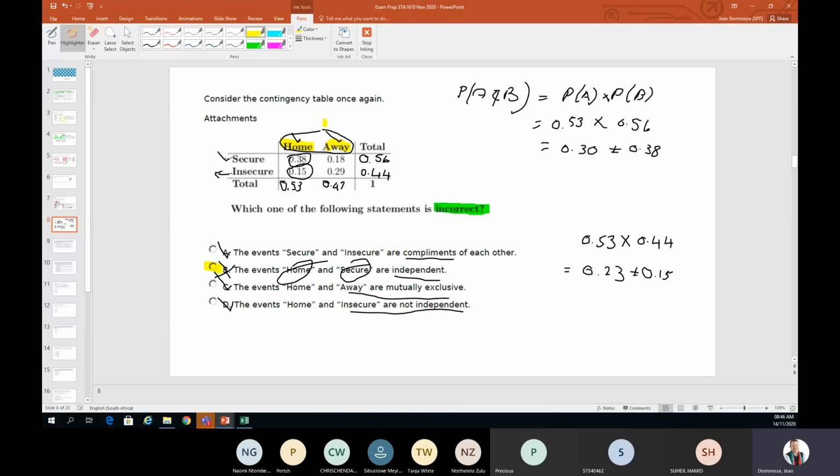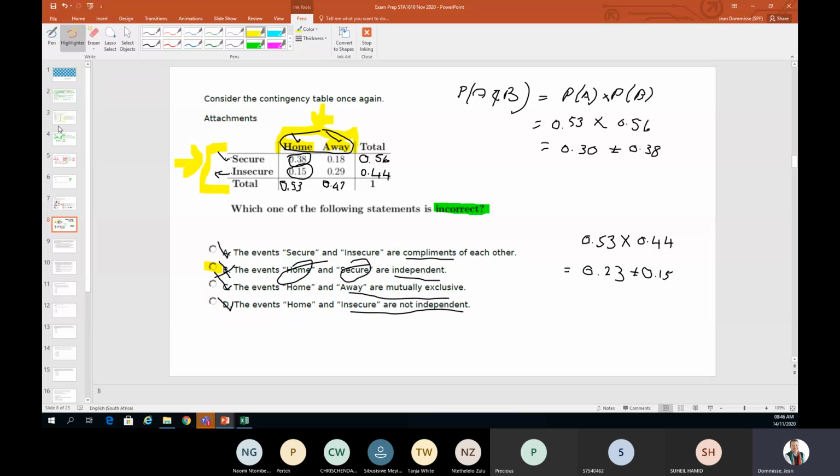You can only fall into one of those. So if I'm asking mutually exclusive about those two, it will always be mutually exclusive. The same if I ask you about secure and insecure. You can't be both of them.